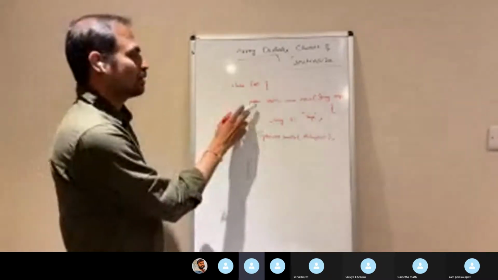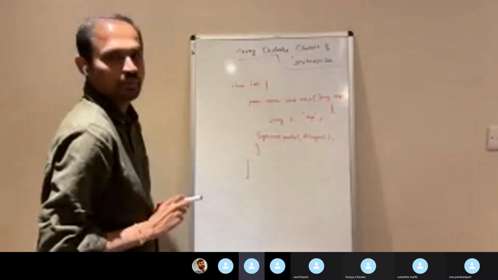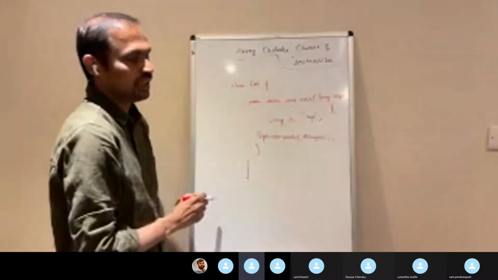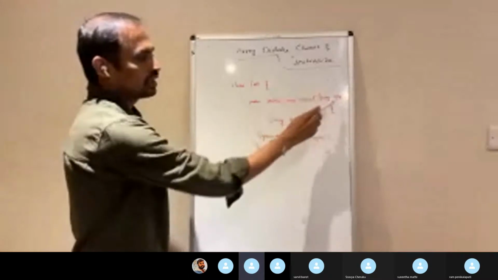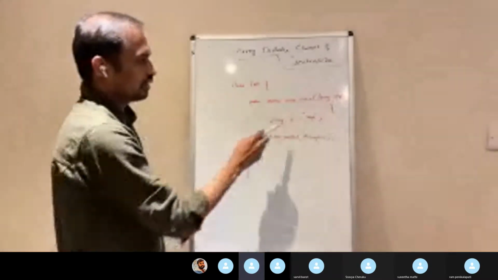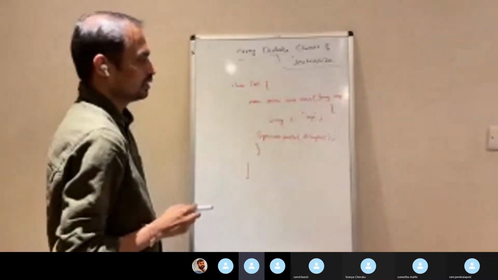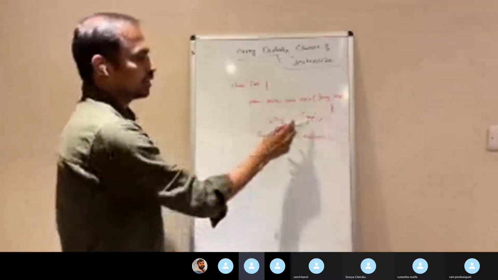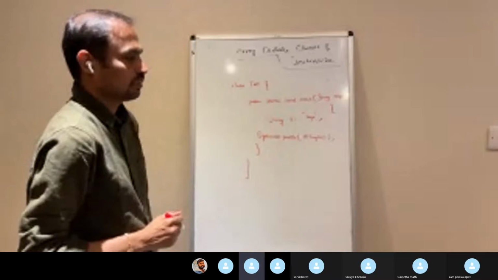So class test, public static void main, all are small letters. S is the capital string. String is a class. Args is an array, so that should be in small letters. String s is equal to Raja. System dot, you can keep your own name. System dot out dot println s dot length method.